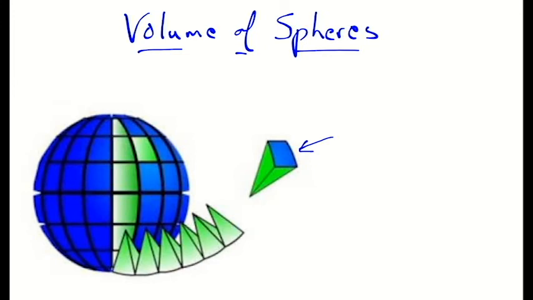And then what we know about a pyramid is that the volume of a pyramid is 1/3 the area of the base times the height.